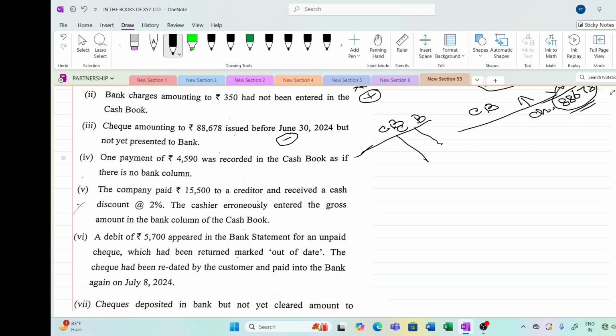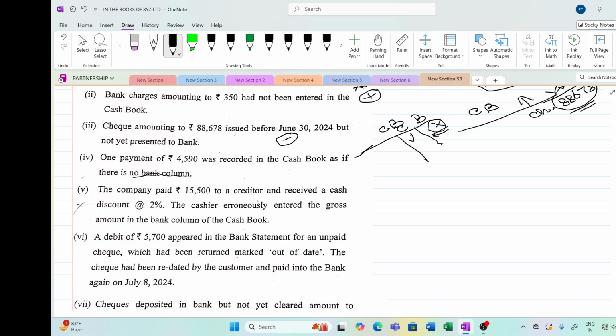So the payment is recorded in cash book, but not in the bank column. It is entered somewhere else, not in the bank column.